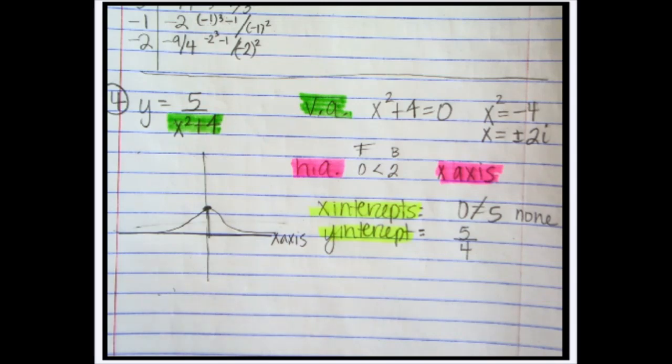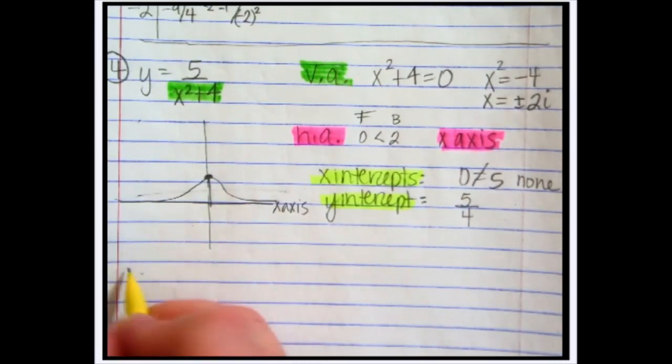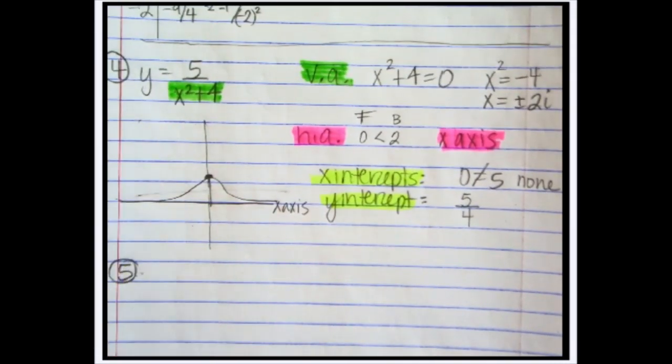Okay, but it's just more about knowing the process: finding the horizontal asymptote, the vertical asymptotes, the x-intercept or intercepts, and the y-intercept. Those are extremely important. And then graphing and looking at Desmos or your graphing calculator to see what the rest of the graph is. Okay, so again, right now we're looking at what the important pieces are.